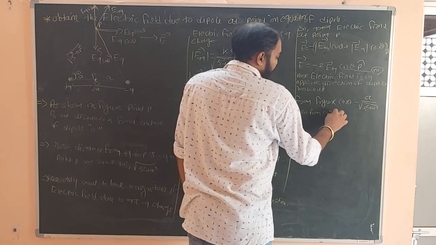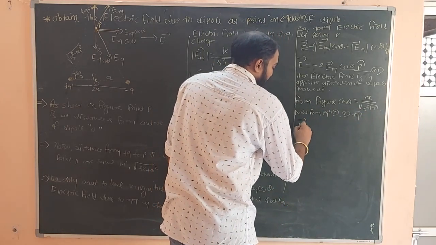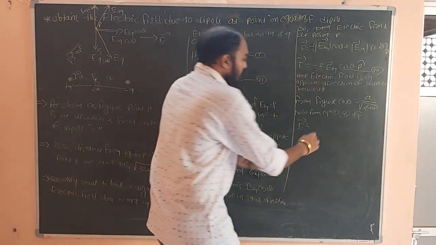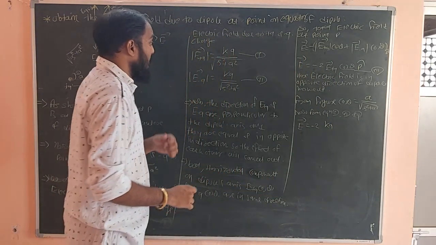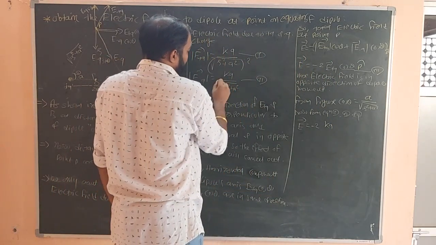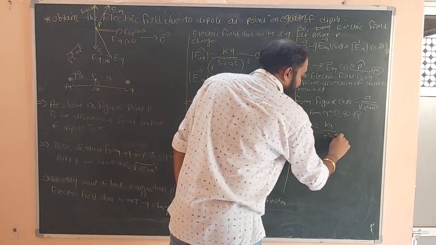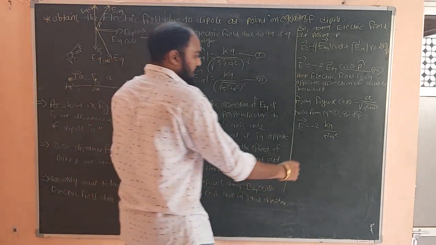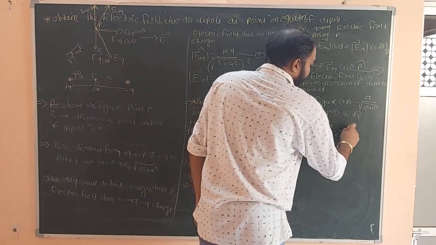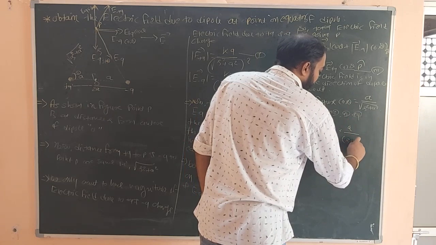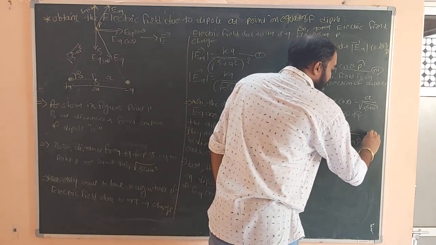So from equations 1, 2, 3, what can we say? Vector E is equal to minus 2, and what is E plus Q? K Q upon R square plus A square, into cos theta, which is A divided by R square plus A square to the power 1/2, into P caret.